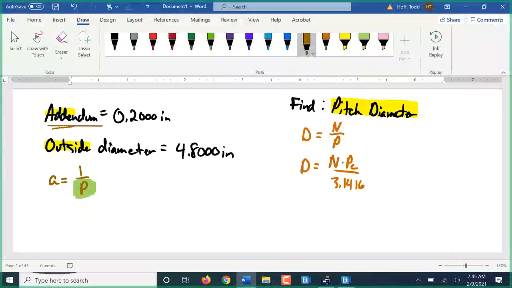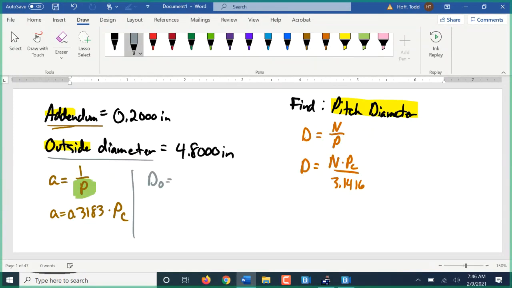And the other formula for the addendum is 0.3183 times the circular pitch. Again, we're not looking for the circular pitch either. That formula doesn't help us. So let's go over to the formulas for the outside diameter here.